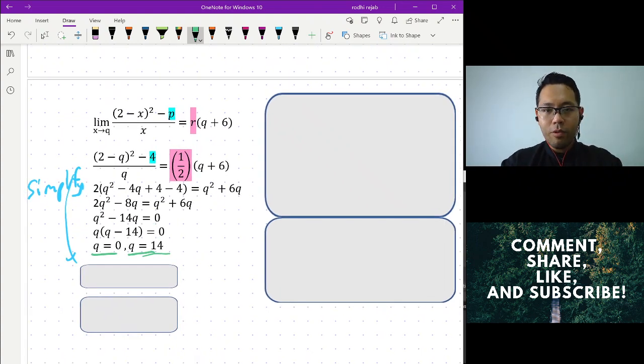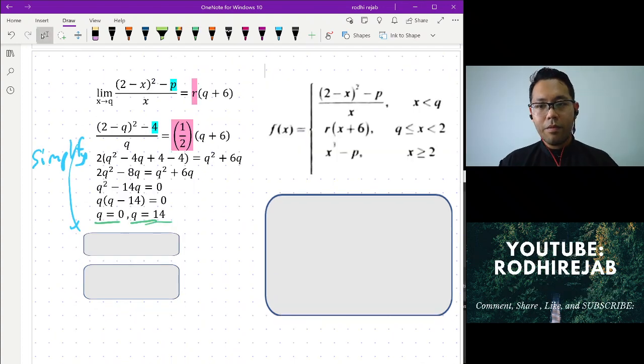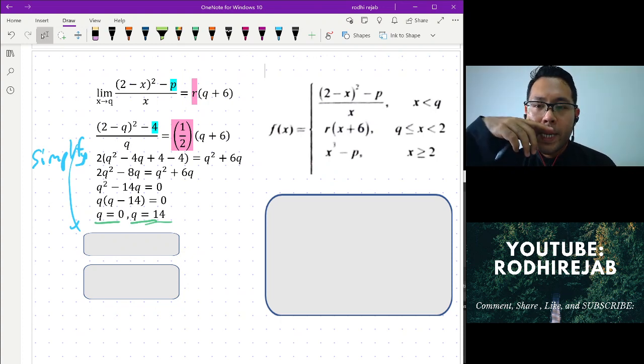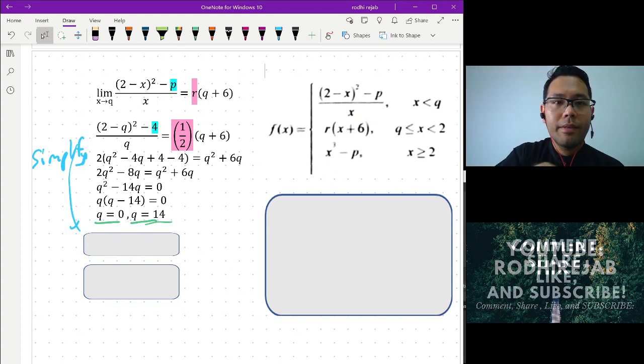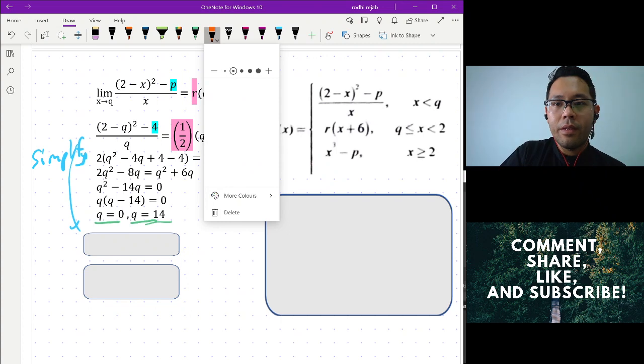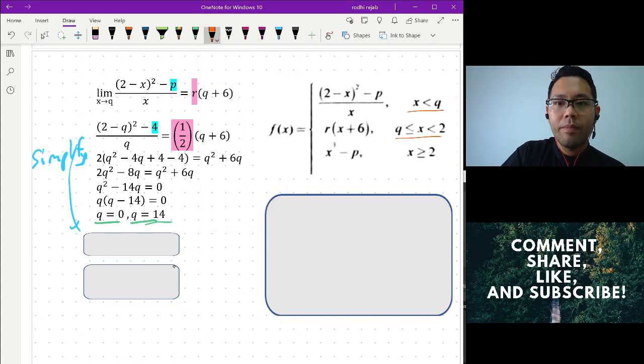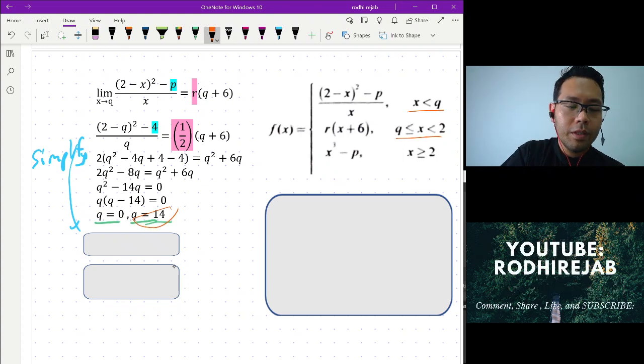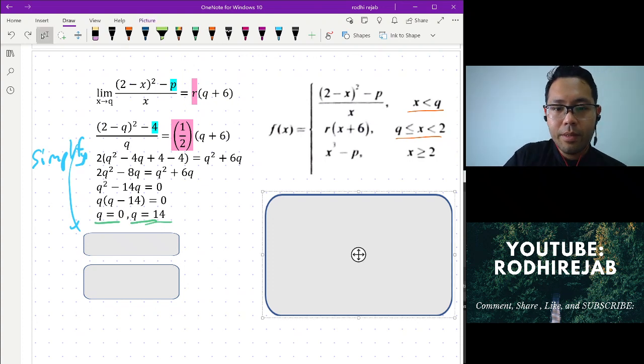Because if you look at the given function just now, you got to know that Q lies somewhere around there. So if I were to take Q equal to 14, then it will be outside of the range.